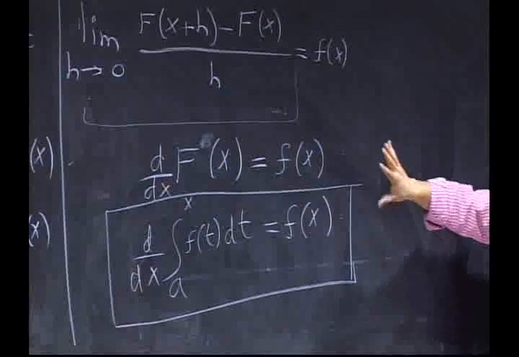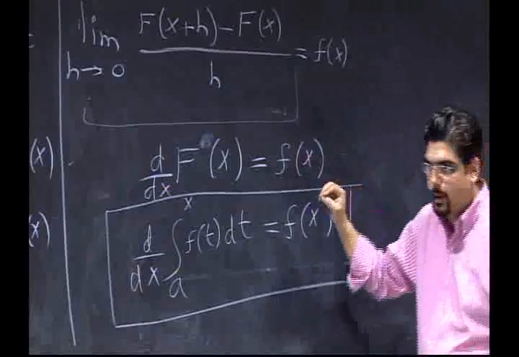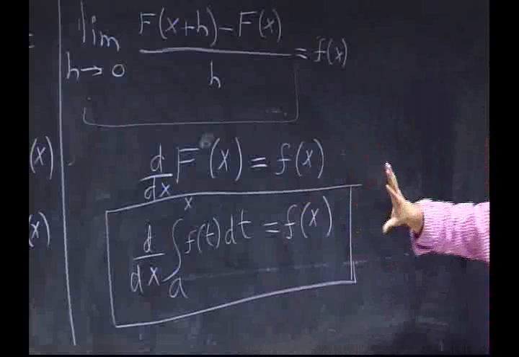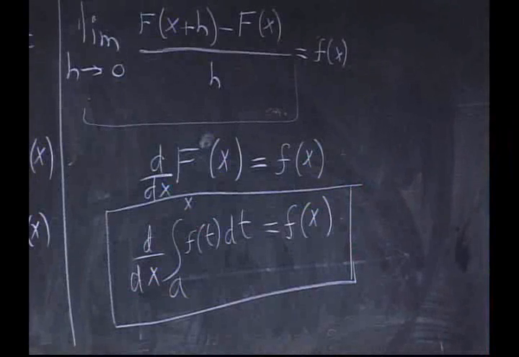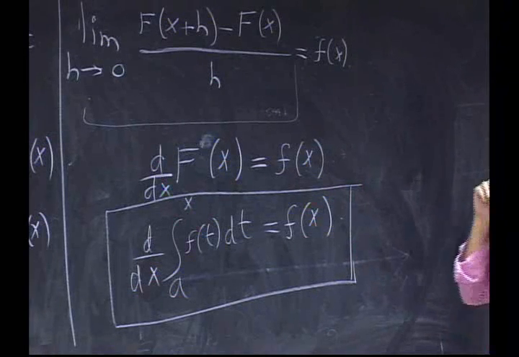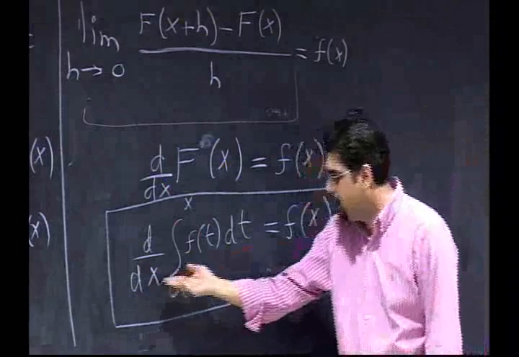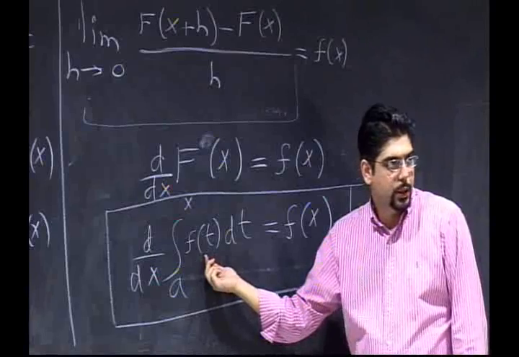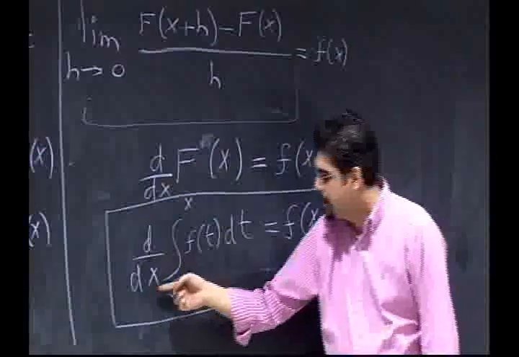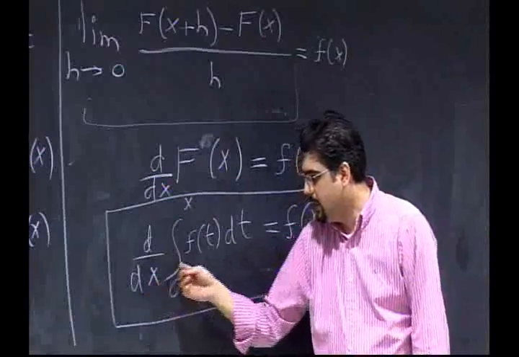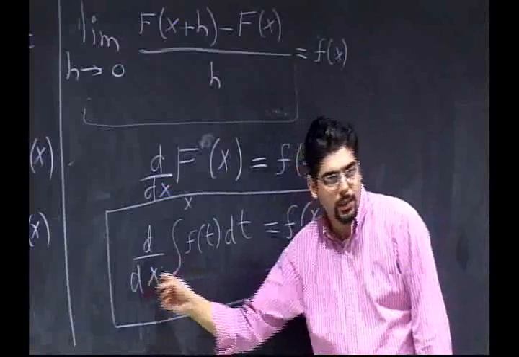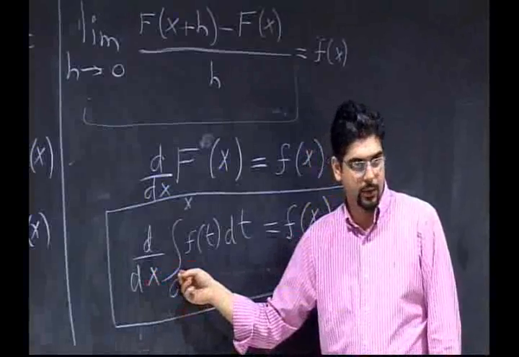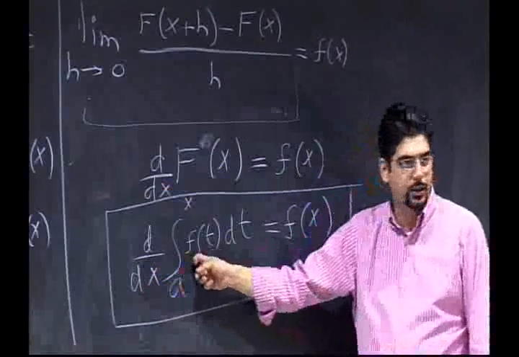To make all this argument more formal won't take much more work, very similar to this. So what have we said? If you were to read this, you'd say the derivative of an integral is the original function. So in a sense, the derivative and the integral are kind of opposite operations. They kind of cancel each other out, so to speak, and you're just left with the function.